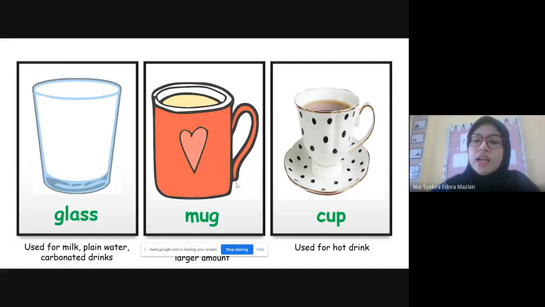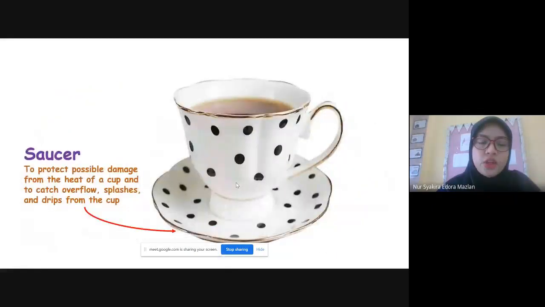Okay, now let's move on to the next one. This one, the small plate underneath your cup, is what we refer to as saucer. Saucer, okay? The small plate at the bottom of your cup is what we call saucer. Please write it down in your notebook first.